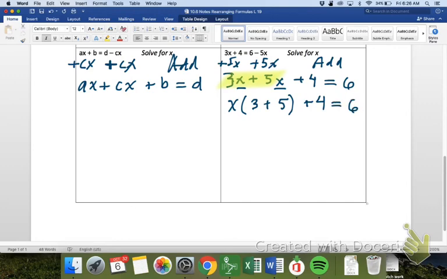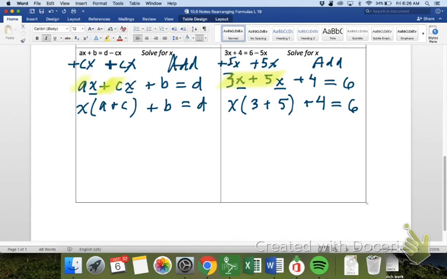Okay, I want to do this same thing with my equation with more than one variable. So they both have that x right there. I'm going to factor that x out. So I'm just going to write x, and then in parentheses, what's left over is the a and the c, the a plus the c. So then I have a plus c in parentheses plus b is equal to d.